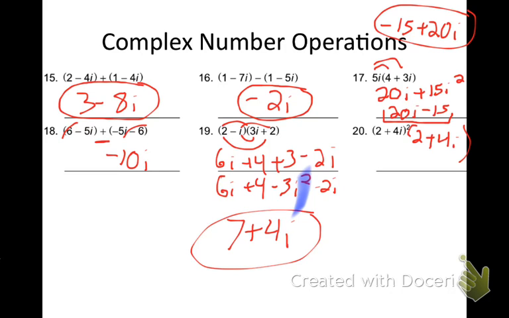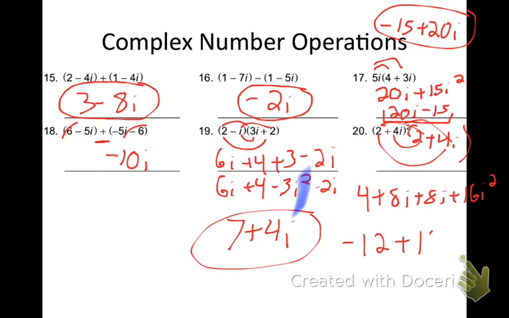And then what process would I use to simplify this? I would FOIL: first, outer, inner, last. When I do that, I get 4 plus 8i plus 8i plus 16i squared, which then simplifies to, what's that simplify to? Phil, do you have it? Negative 12 plus 16i. Nice job, sir. That was correct.